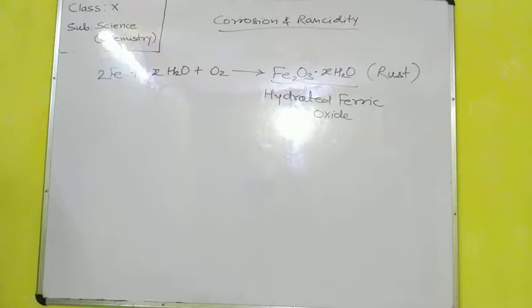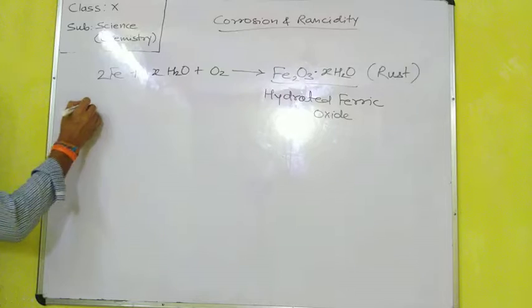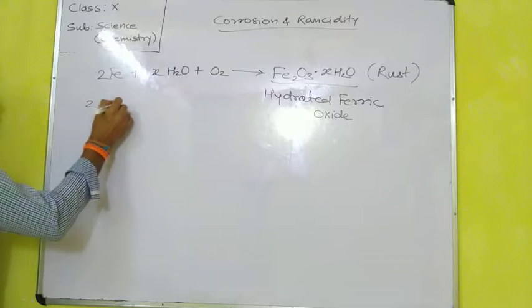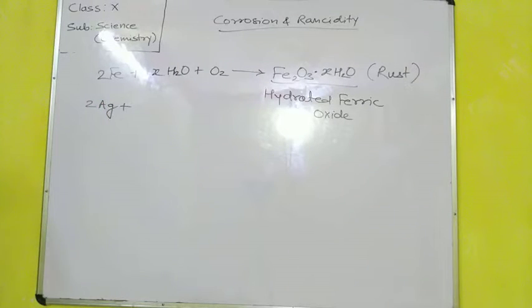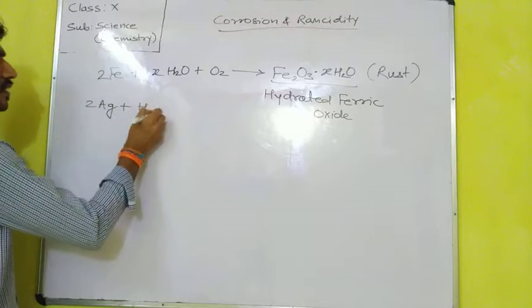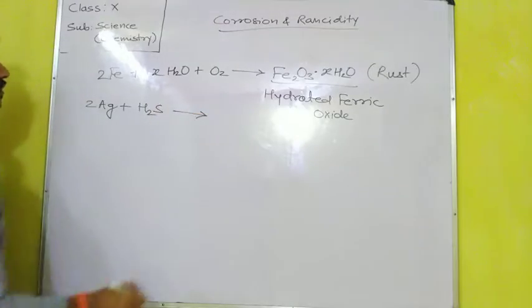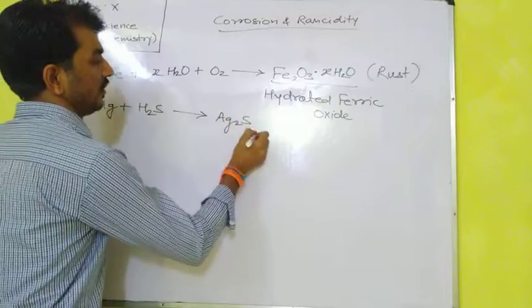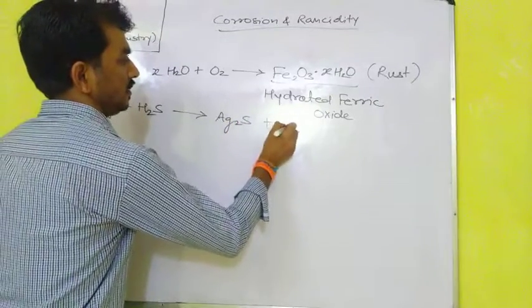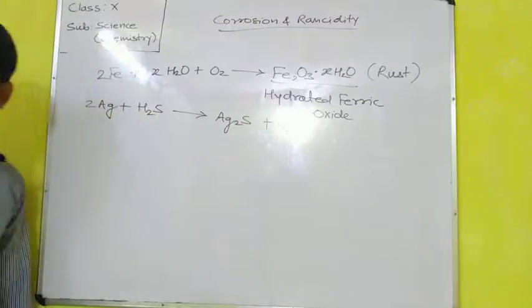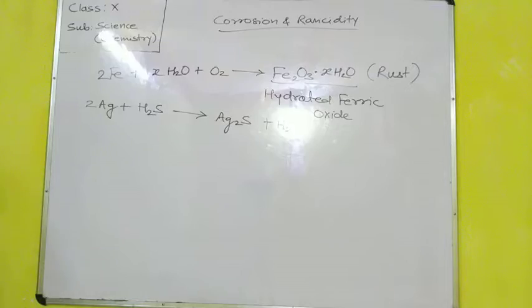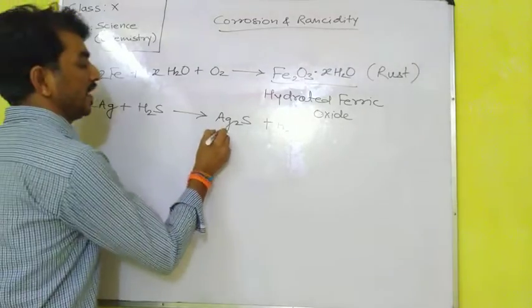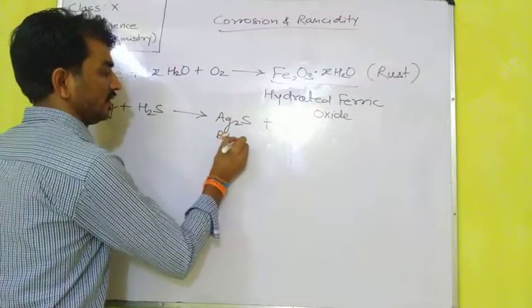When silver reacts with hydrogen sulfide gas, H2S, it forms Ag2S, silver sulfide, plus hydrogen gas, which is black in color.